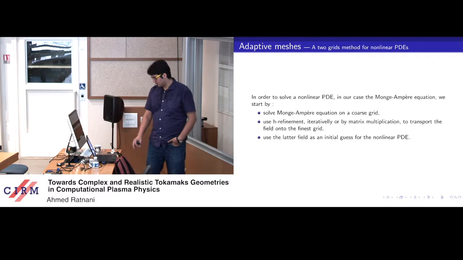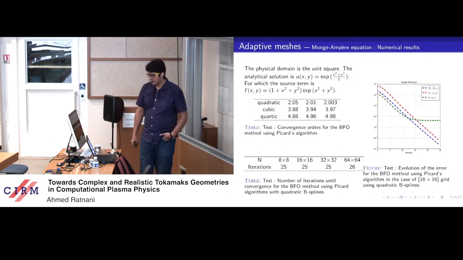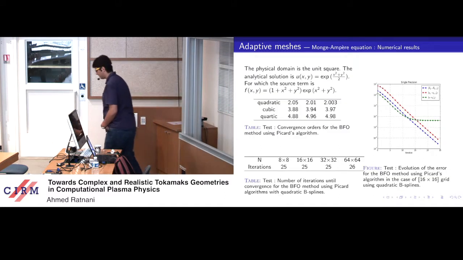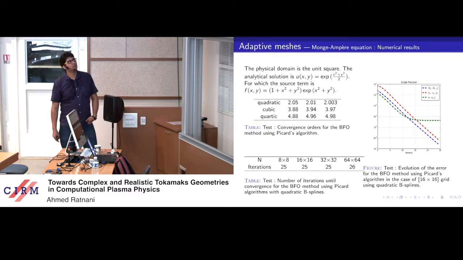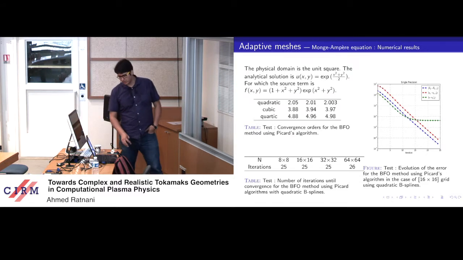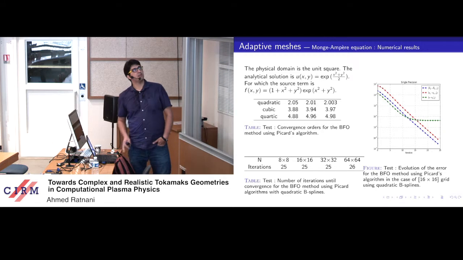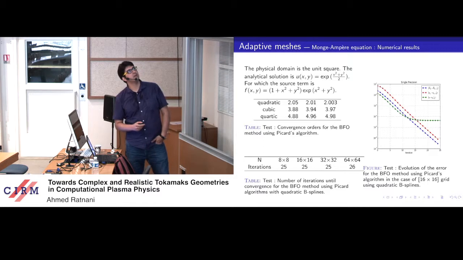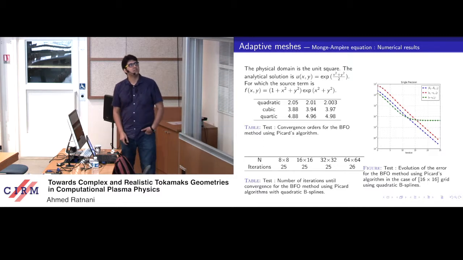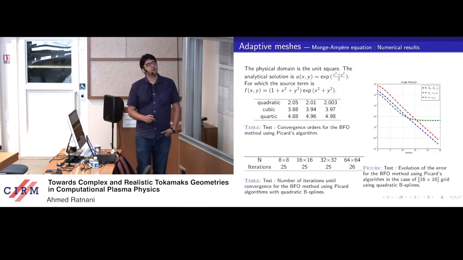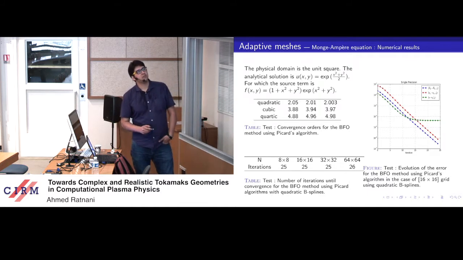By doing this, you can divide the time for your solver by 2, and it's very easy to do. Okay, so this is just for validation. We get the good convergence order for quadratic, for cubic, and for quartic B-splines. And here is the number of iterations of our Newton solver.